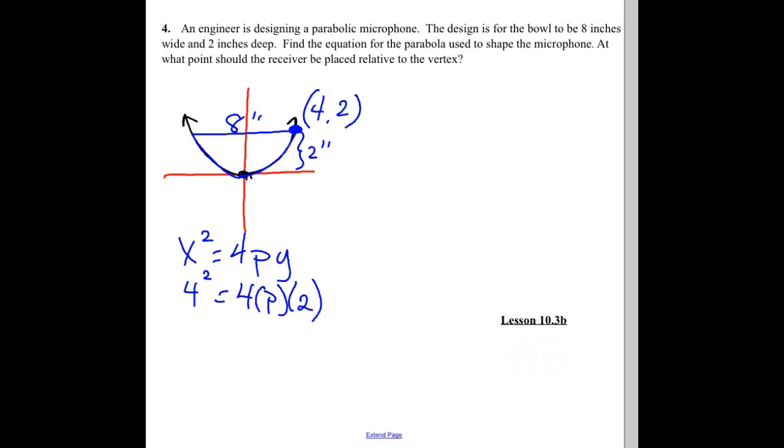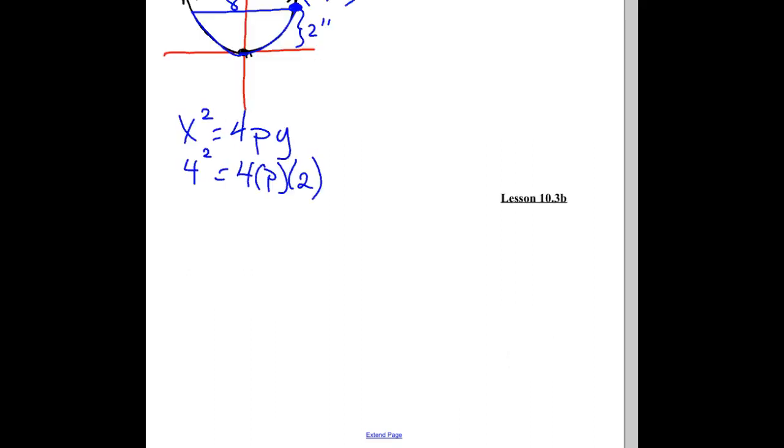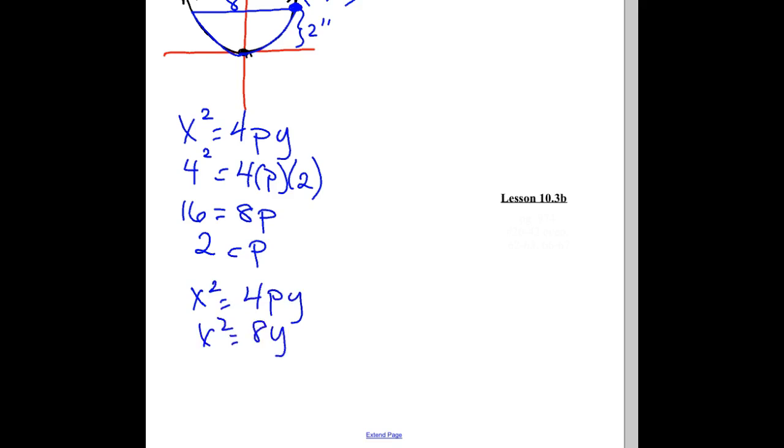Simplifying, we've got 16 equals 8p, so p equals 2. Can we write our equation? We said x squared equals 4py. If we put a 2 in there, x squared equals 8y.